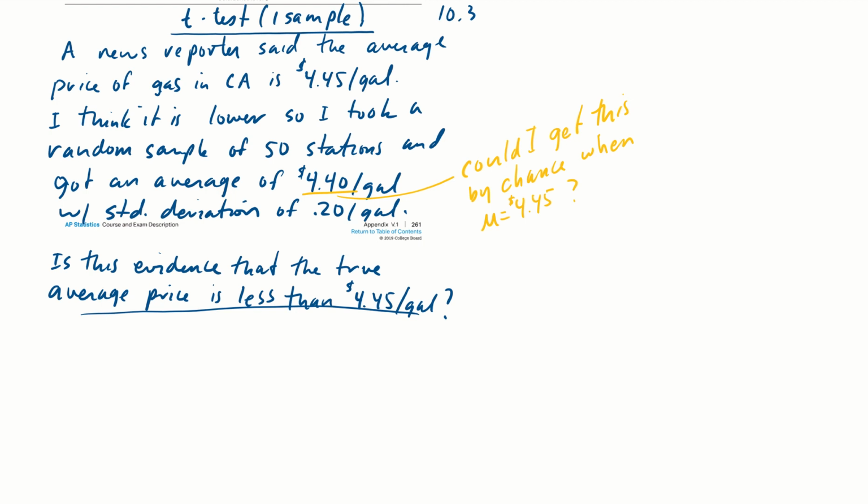And that's what we're going to find out. If I got it by chance, then I have no reason to question the $4.45. If it isn't likely to happen by chance, then we ask the question, why did this happen? And maybe the reason is that it's really less than $4.45. Okay, all right, so let's go ahead and attack this.